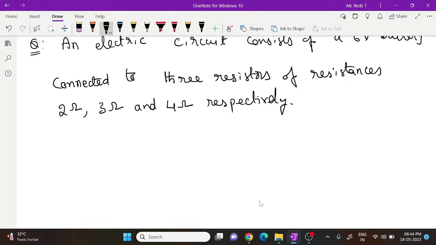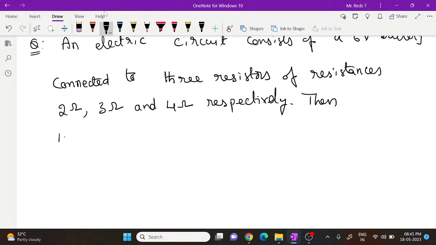Then calculate. Sometimes these questions under the case study will be given as objective questions also. Here I'm giving the questions like this. The first one is, the total resistance of the circuit is.